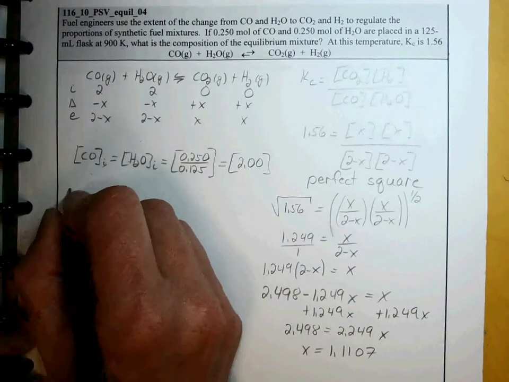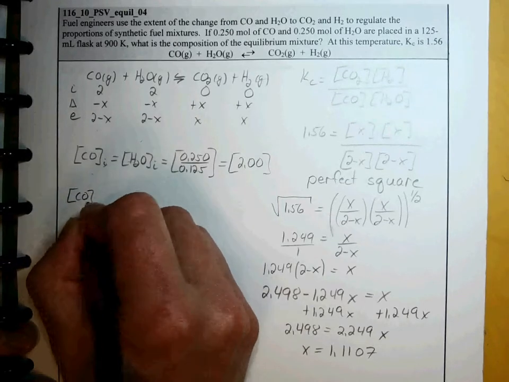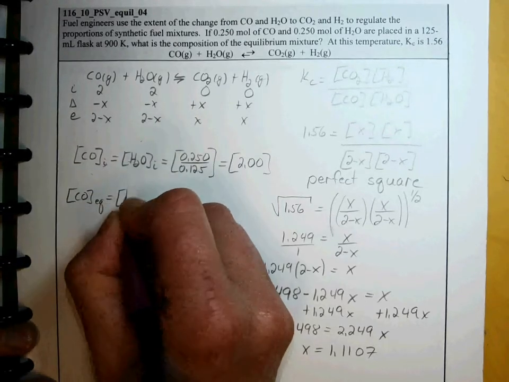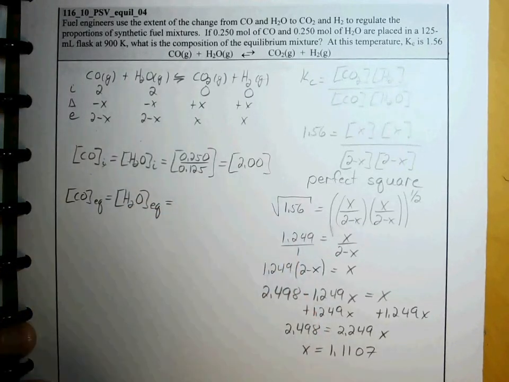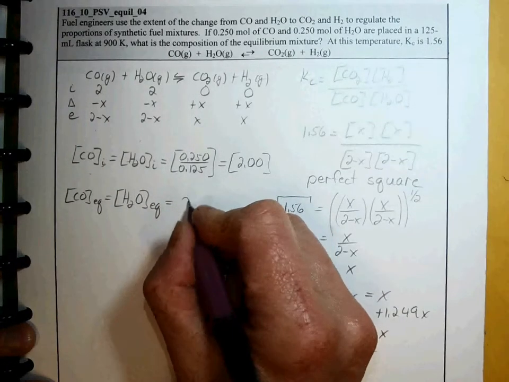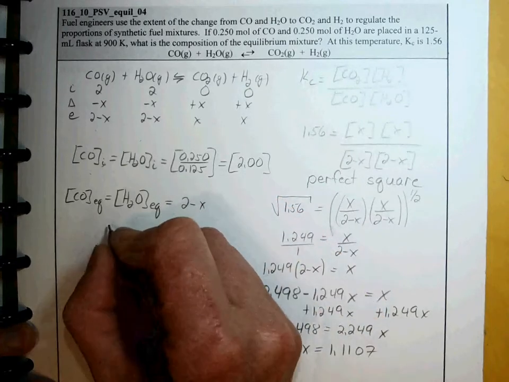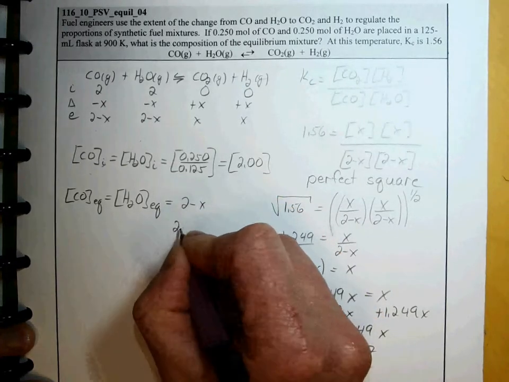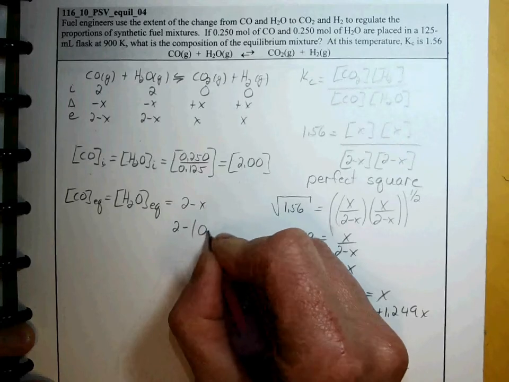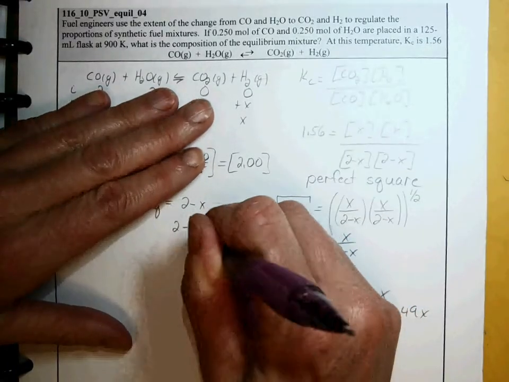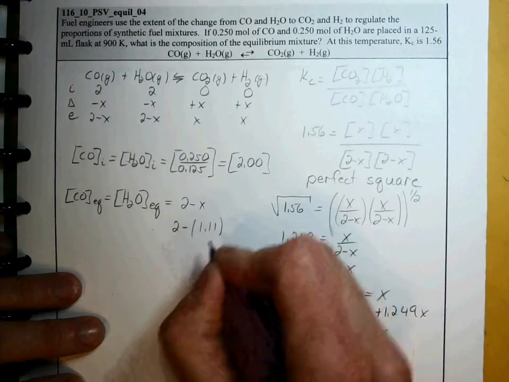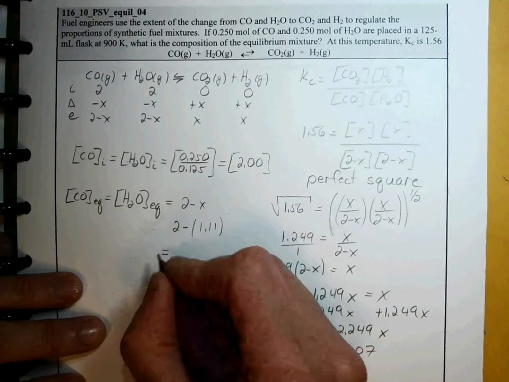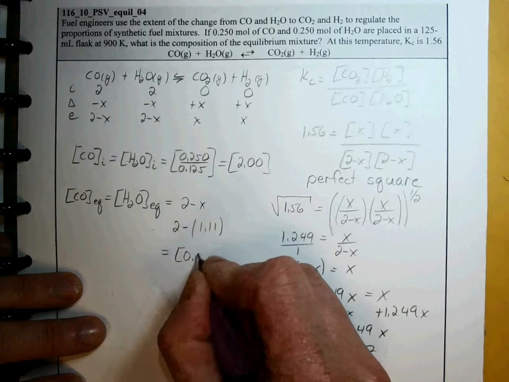So the equilibrium concentration of CO and H2O are equal, and they are both equal to 2 minus X. So this is 2 minus 1.11 and that equals 0.89.